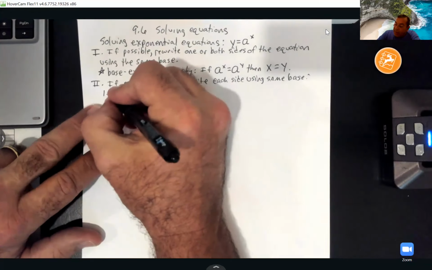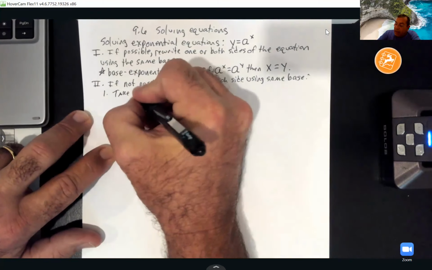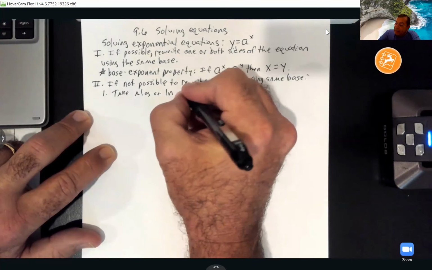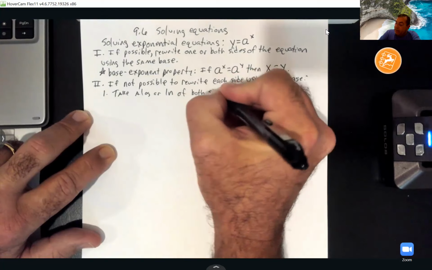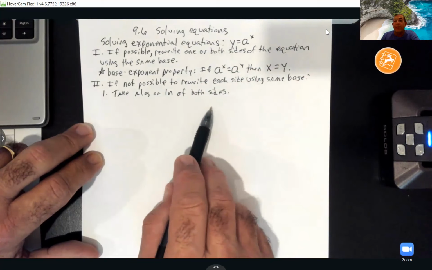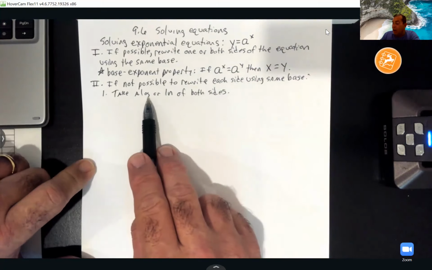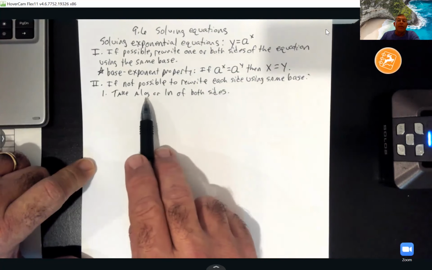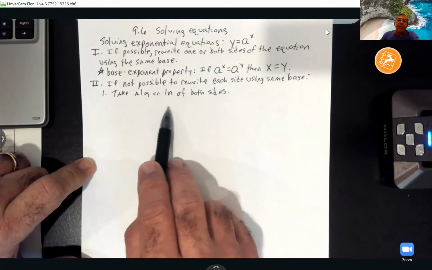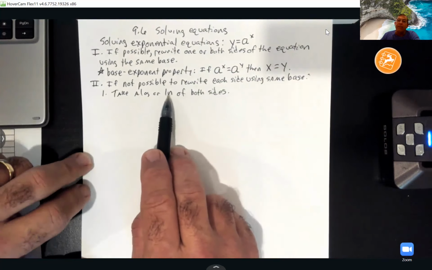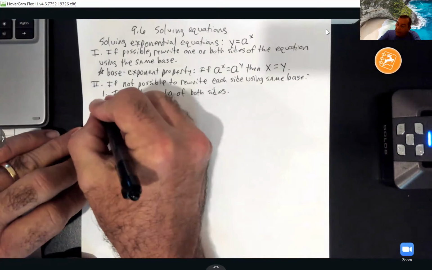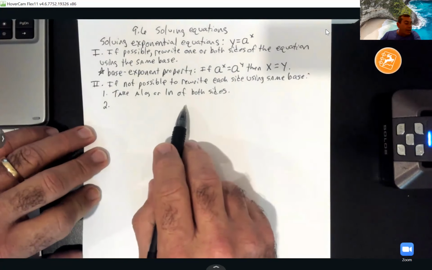So the first thing I would do at that point is take a log or a ln of both sides. And that just goes back to what I do on one side, I do to the other side of that equation. Now, I'll usually do a log unless there's an e in the problem. If it has that little e, then I'm going to use an ln, because remember, ln's are log base e, okay? All right, so I'm going to take a log or an ln of both sides.